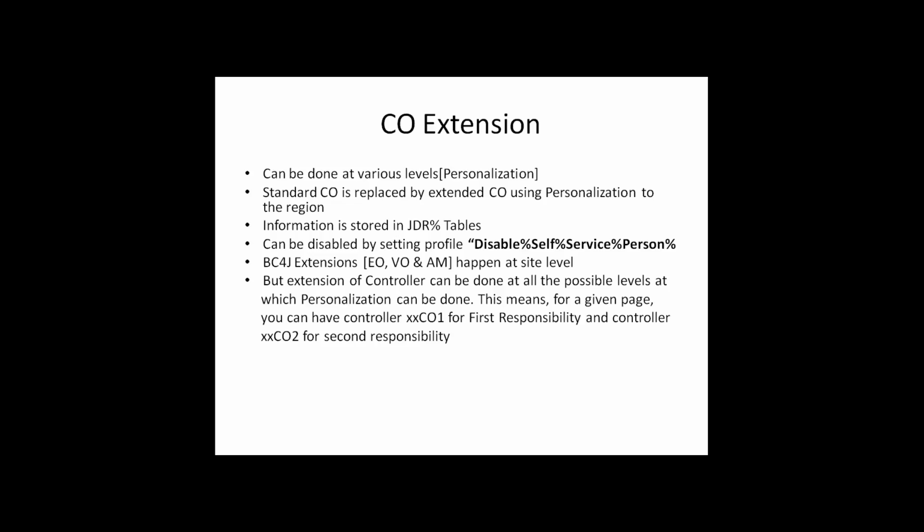Apart from the CVO extension, all the remaining ones are BC4J extensions, business components for Java extensions: EVO, VO as well as AM. The process for performing these extensions is totally the same, using the substitution concept. Only the CVO extension is quite different.